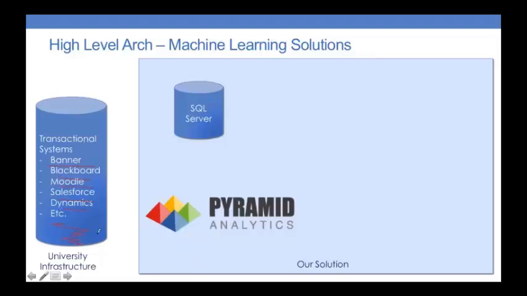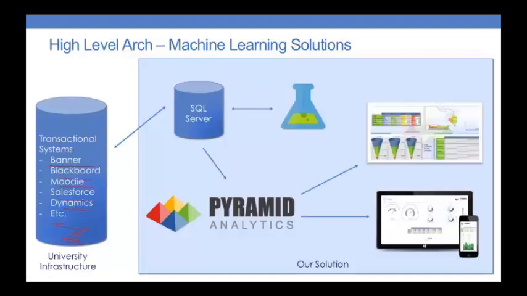That's going to feed a SQL server that we have in the cloud. That's going to feed our machine learning algorithms. Then that information goes back to SQL. And then how do you consume the data? Well, the data is consumed from a strategic perspective through Pyramid Analytics. And Dee Walker in a second is going to do a demo for you.